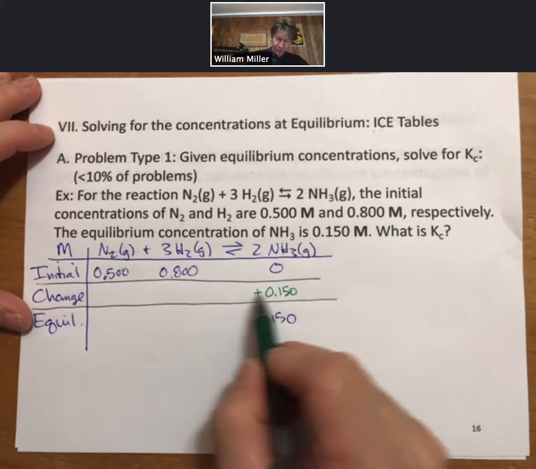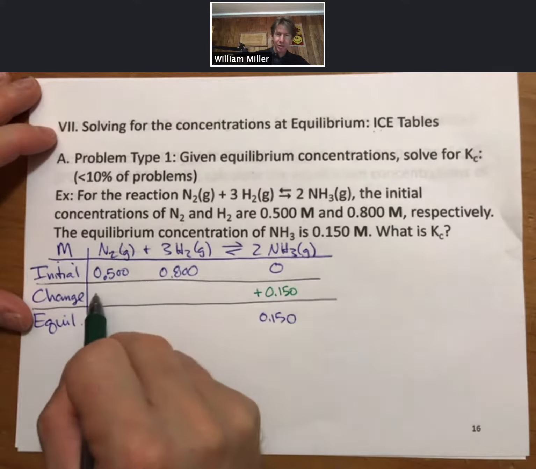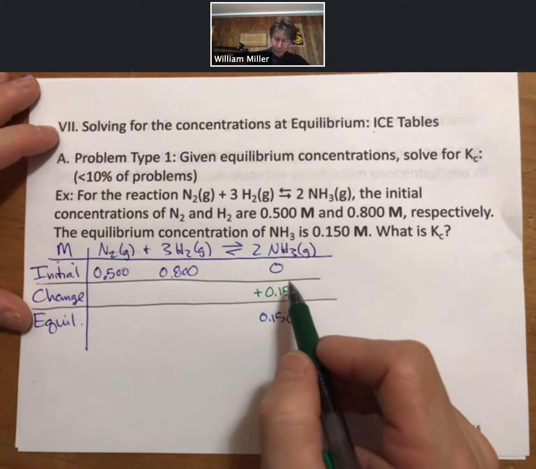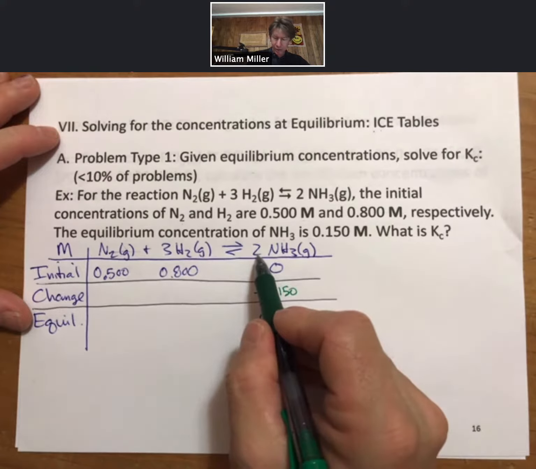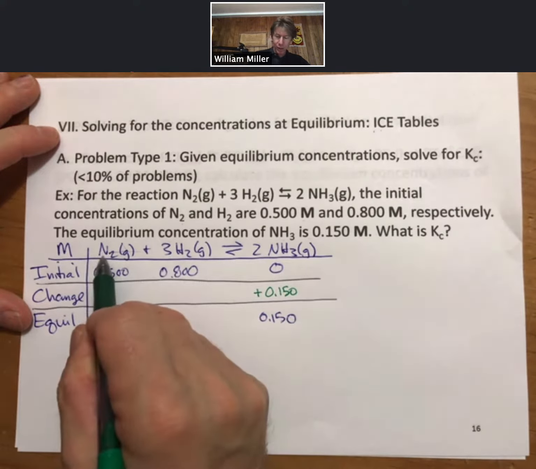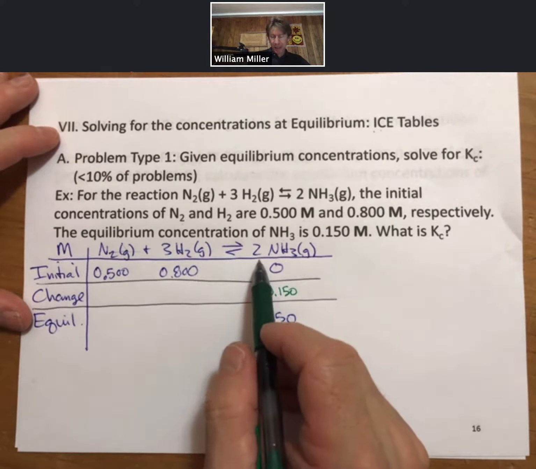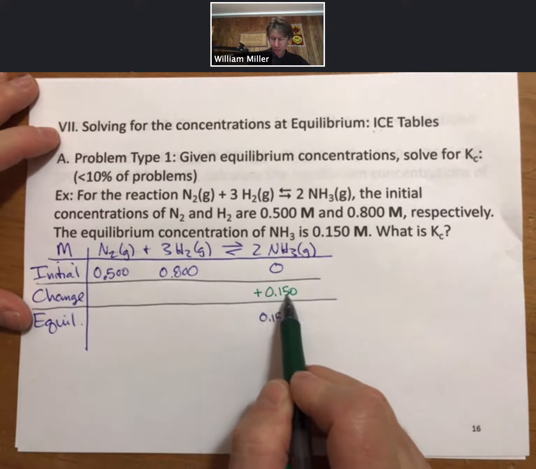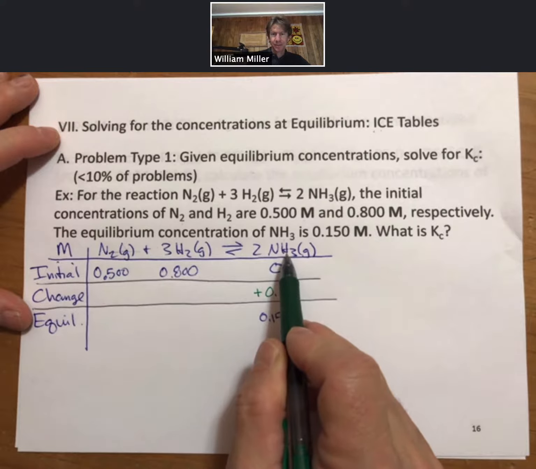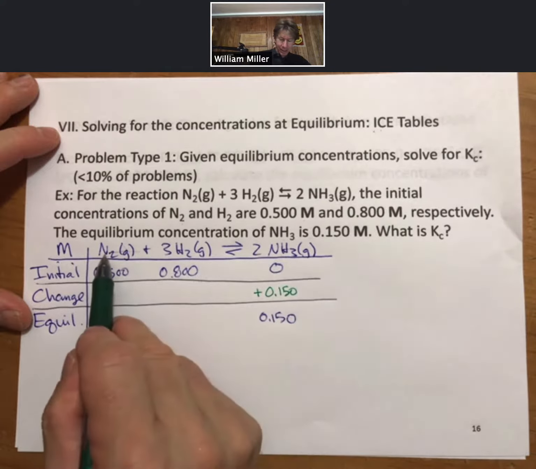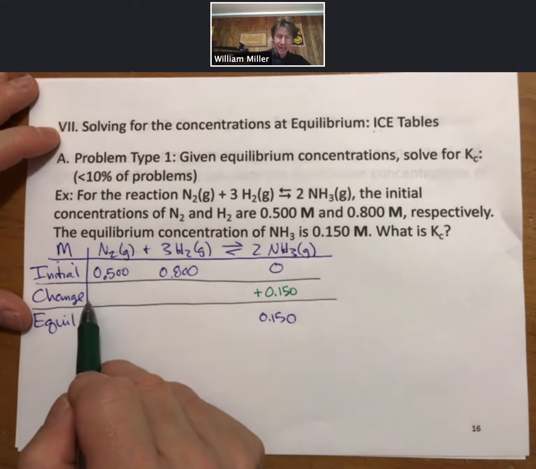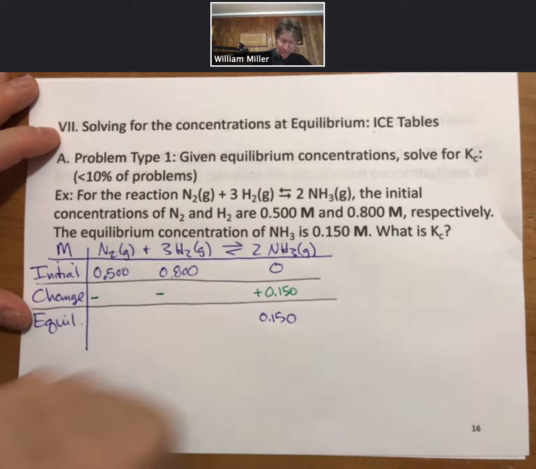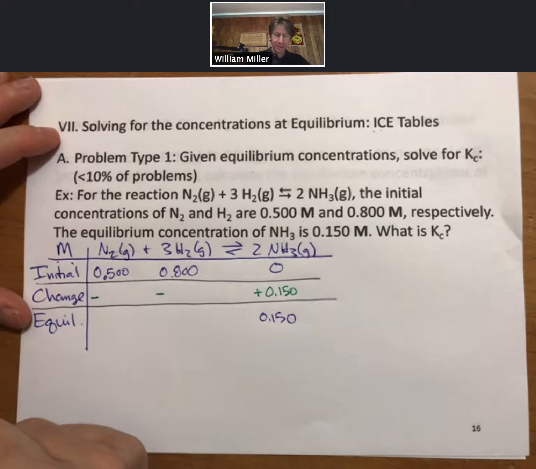But then we have to fill in the change in concentrations of these two. We know there are coefficients of 2, 3, and 1 here. Mathematically, it's simplest to think of, if I made 0.150 molar ammonia, then how much did I take away? It's definitely going to be minuses here because we're subtracting some of the reactants.